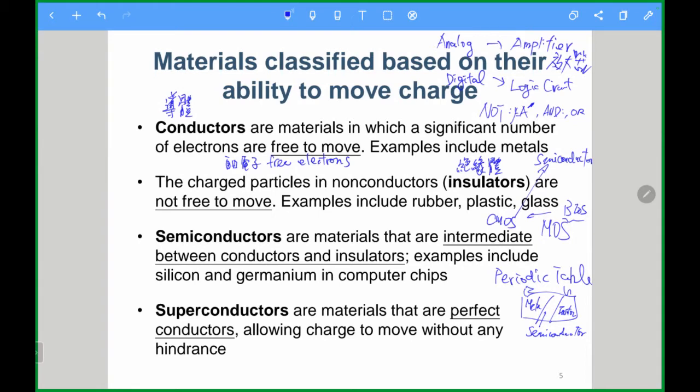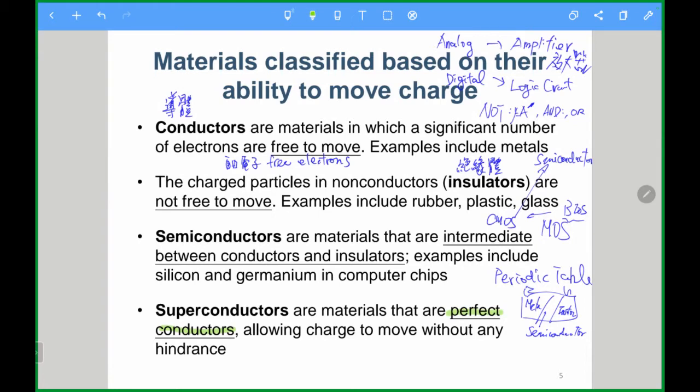The last part, the superconductor, is even less likely to be mentioned, because even I don't know much about it. But simply speaking, a superconductor is a perfect conductor, with exactly zero resistance.